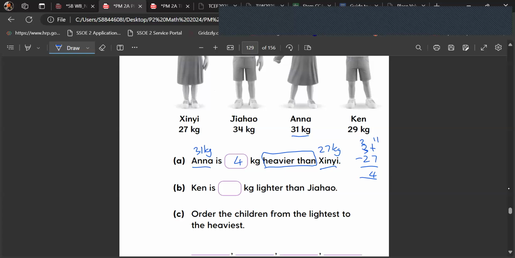Because Anna is 31, Xingyi is 27. You need to do a subtraction to find out how Anna is not the same as Xingyi. Exactly how much are they different?